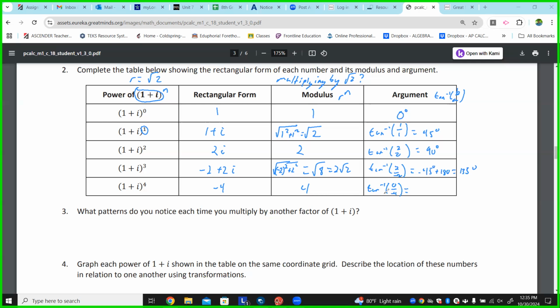It gives you 0, right? And that happens twice. Either happens here or it happens here. But this time the real number is a what? Negative. So it's going to be 180, which goes back to our original pattern. What's 135 plus 45? 180. Okay. So that all checks out.